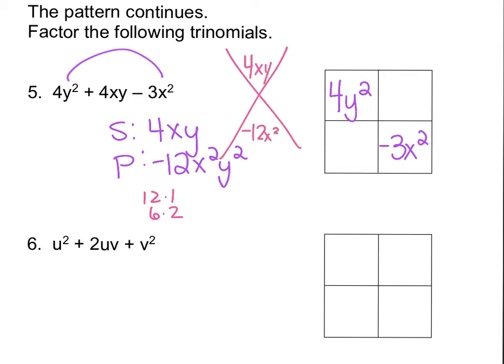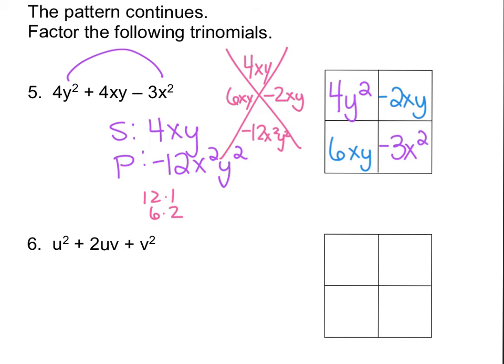Because my product is negative, either my 6 or my 2 has to be negative. Well, since we have a positive sum, it's going to be my 2 that's negative. So I've got 6xy and negative 2xy.